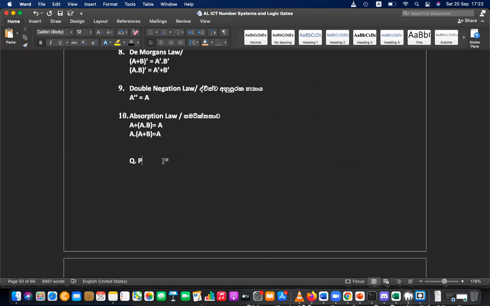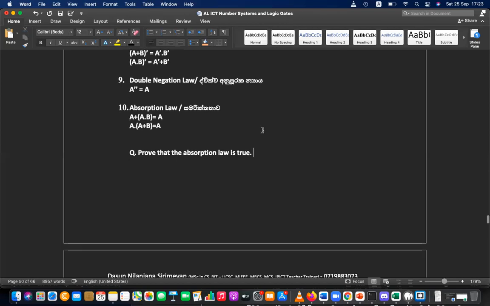Prove that the absorption law is true. Write it as a question and try to do it now.